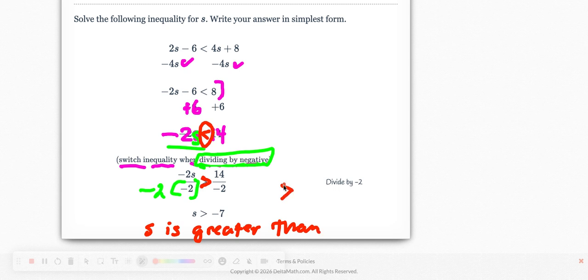Because the alligator likes to eat the bigger things. I don't know if that looks like an alligator, it's more like a fish. Or the shark eats the big stuff, and S is greater than this side.